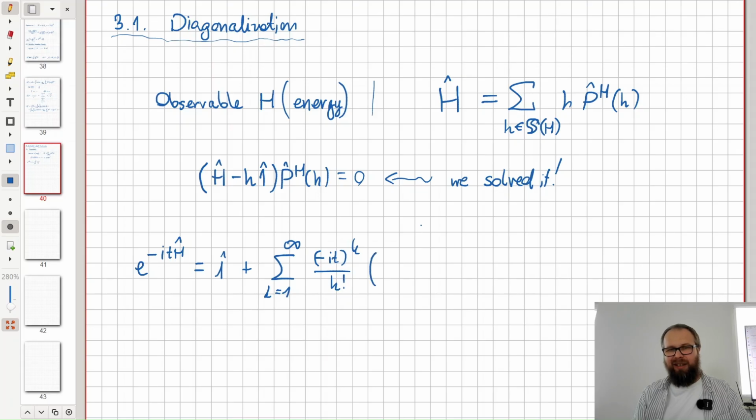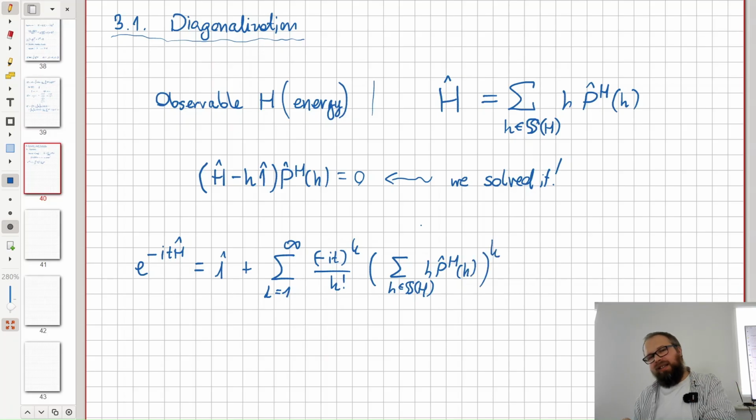And for the Hamiltonian, we can put in the spectral decomposition, the projectors P_h to the power k. Typically you don't try to calculate this series explicitly; we figure out some perturbation theory to do it.